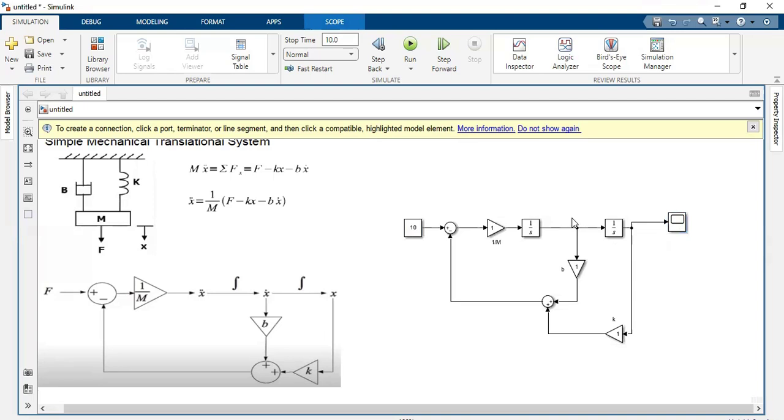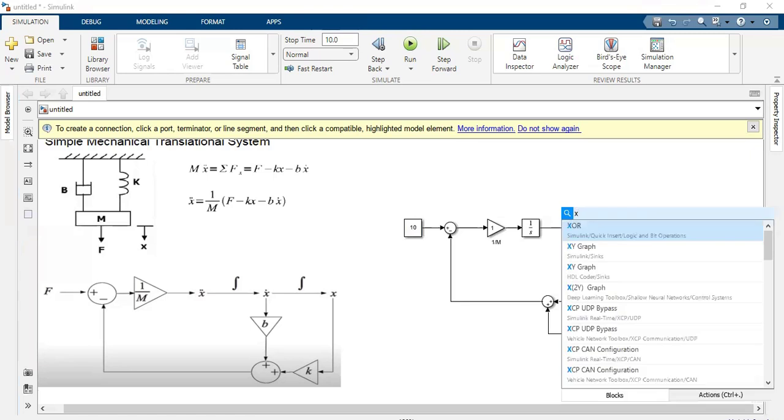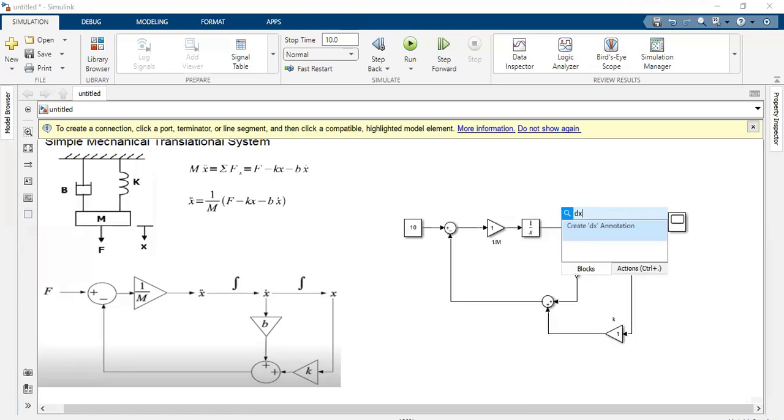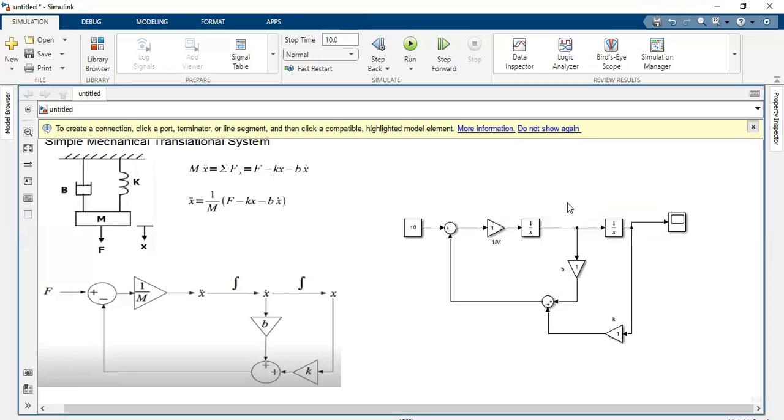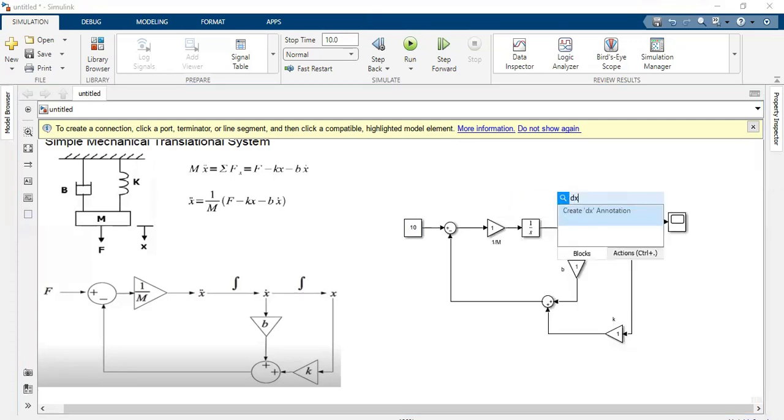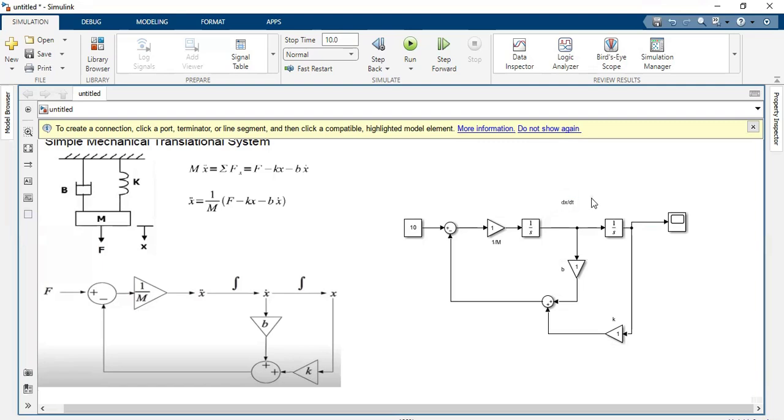This point is x dot, that is dx by dt. This is x.